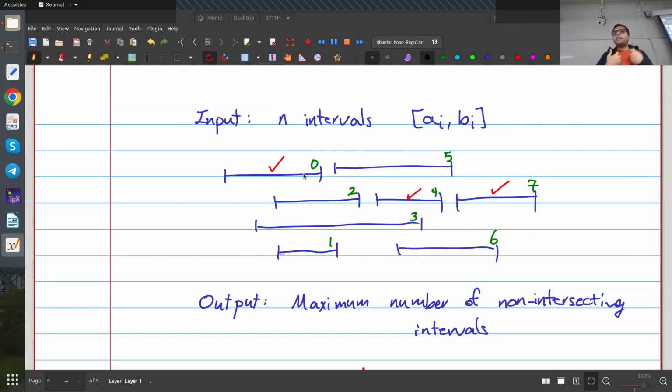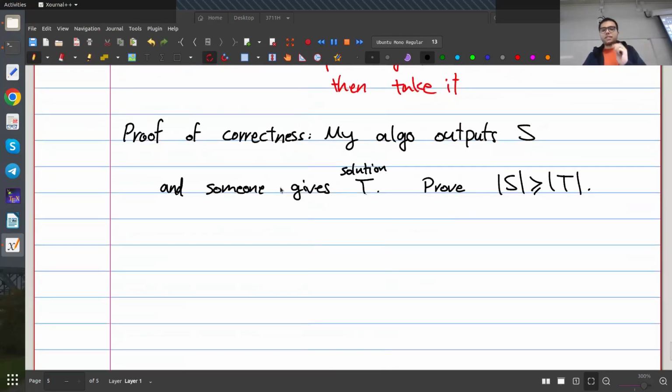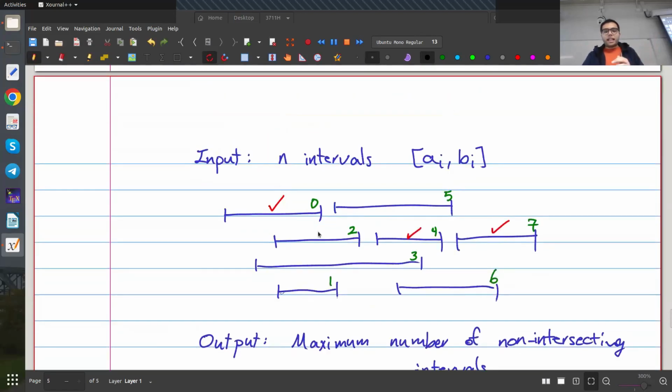So it has all the limitations that my approach has. So generally speaking, if it does include 0, then what I know about T is that if T is optimal, then it cannot include any of the other segments that intersect with 0. And then from the rest of the segments, it's taking an optimal answer, right?